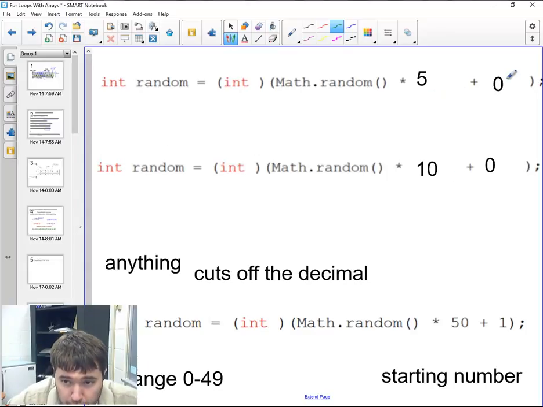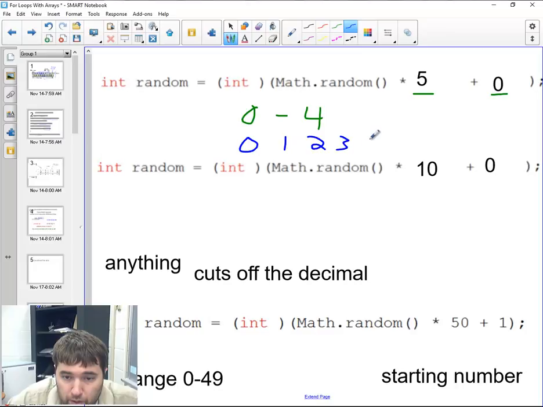What we do is we take this number plus this number gives us 5, and we subtract 1, which will be our maximum value, and our starting value will be the starting value, 0. The reason why is because 0, 1, 2, 3, 4 is actually 1, 2, 3, 4, 5 numbers.